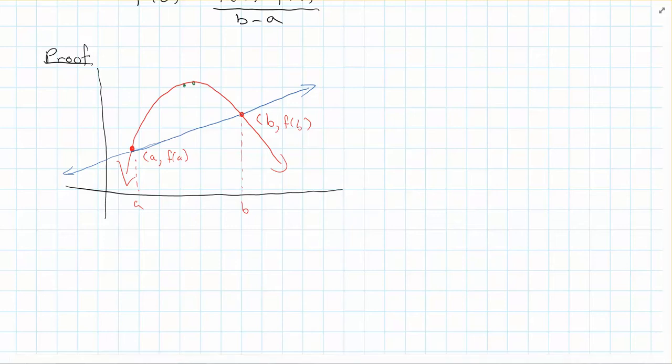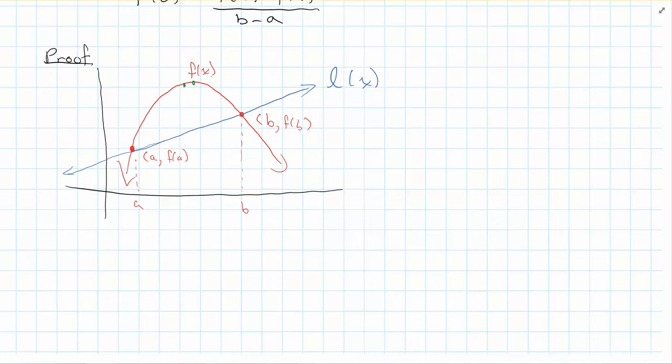And then I'm going to call this line L(x), and of course this is f(x). Now, the picture is what you kind of need to do this proof, and there's one thing we have to define here in order to do this. It's actually a fairly short proof.